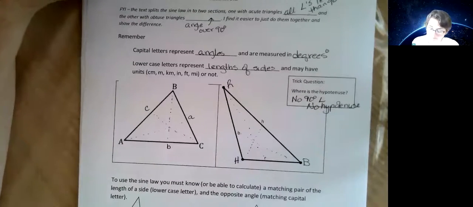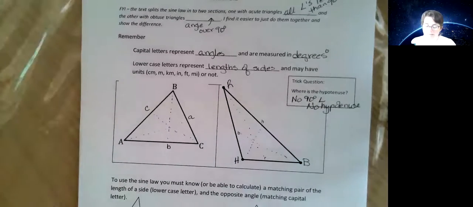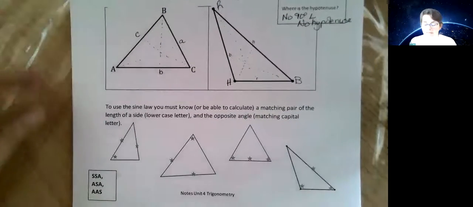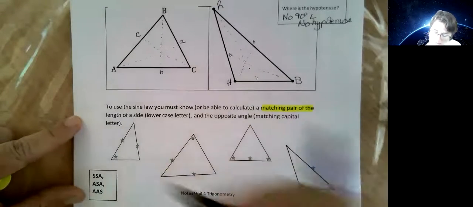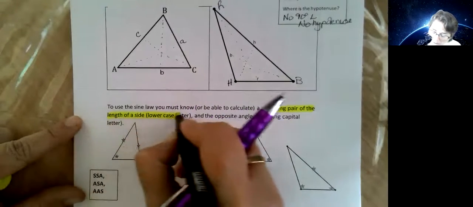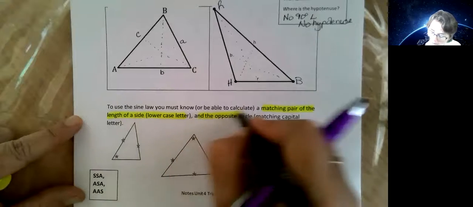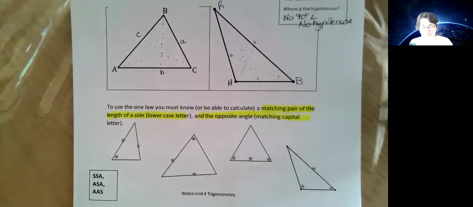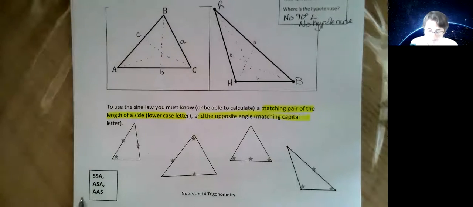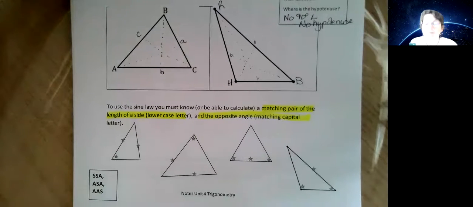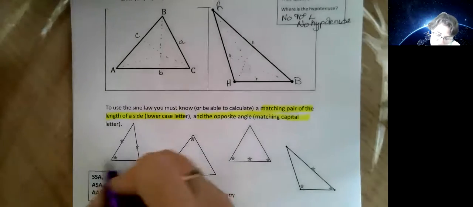Now, here is the key for the sine law. You have to be able to find matching things. You need a matching pair of the length of the side and the opposite angle. So we need to know matchy-matchy. And it can be side-side-angle, angle-side-angle, angle-angle-side, or you know what, just look for that matching pair.